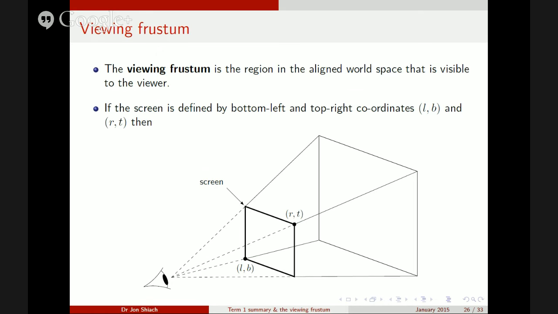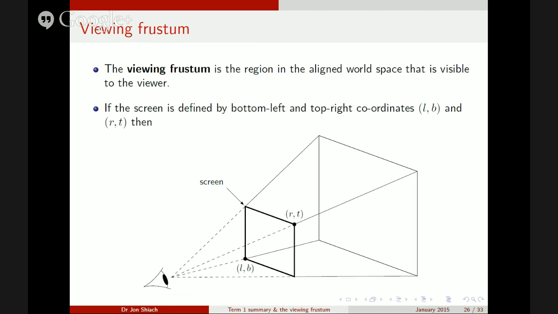When you're viewing a virtual world through a screen, the visible region is defined by this squarey, coney shaped thing. It's probably got a posh name, but I don't know what it is. This is what we call the viewing frustum. This is your screen, and this is the viewer.